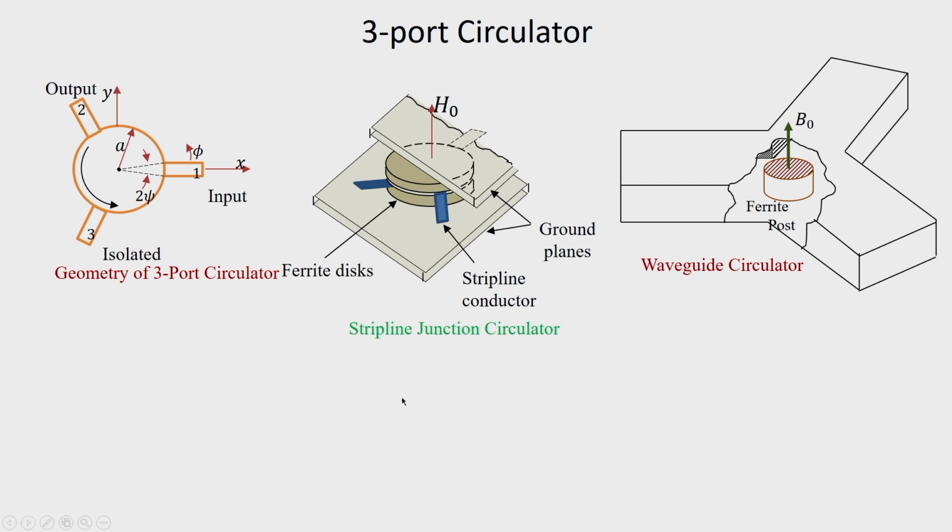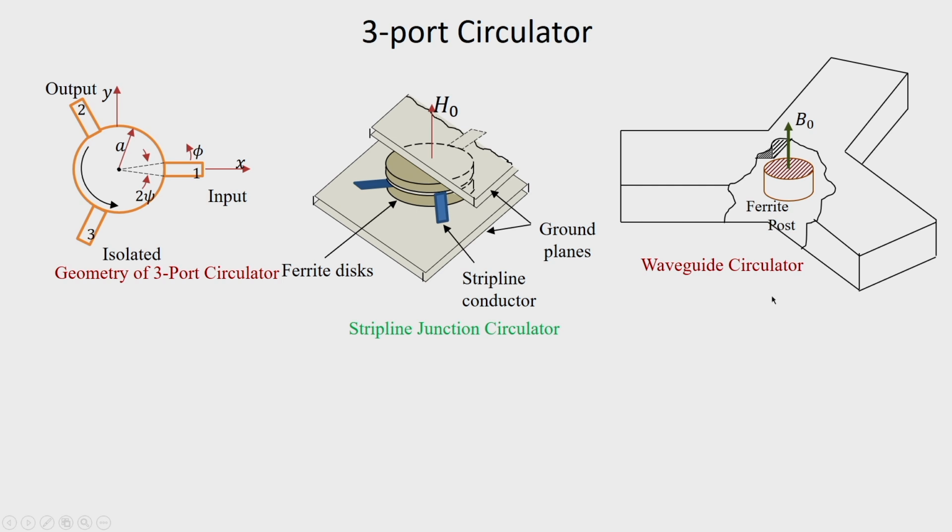In case of a strip line junction circulator, we have the ground planes on the top and bottom, and between the strip line conductor and the ground plane are the ferrite discs, and a magnetic field is applied along the axis of this disc.